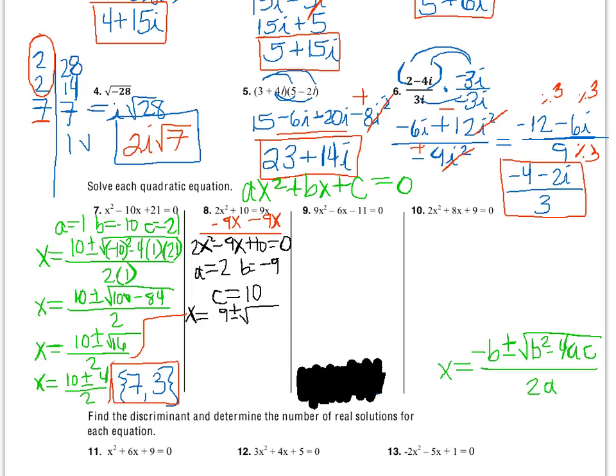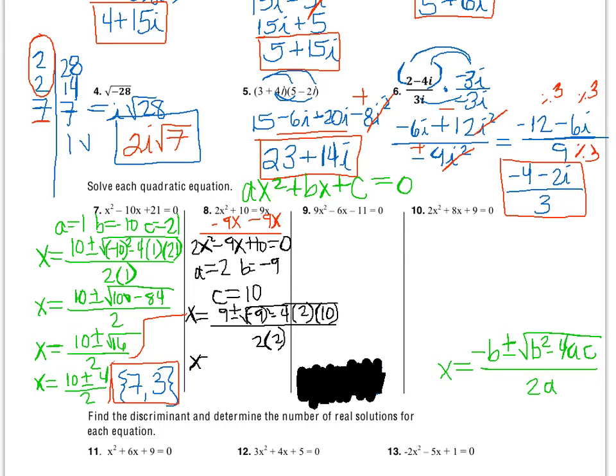the square root of b squared, so negative 9 squared, minus 4 times a, which is 2, times c, which is 10. And it's all divisible by 2 times a, so 2 times 2.